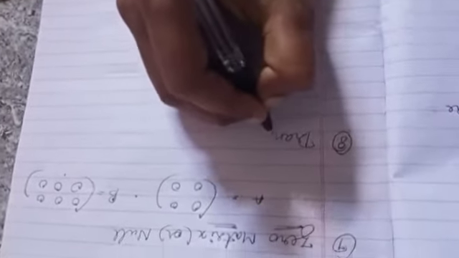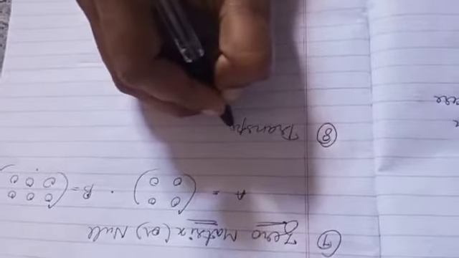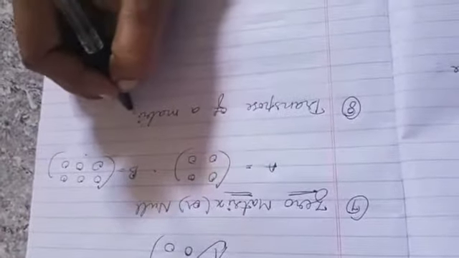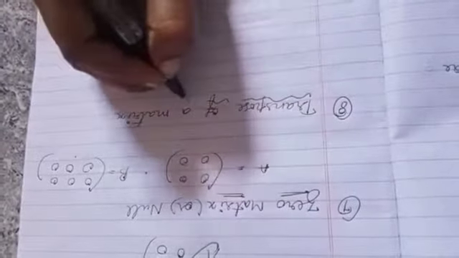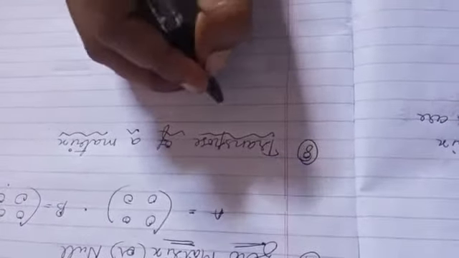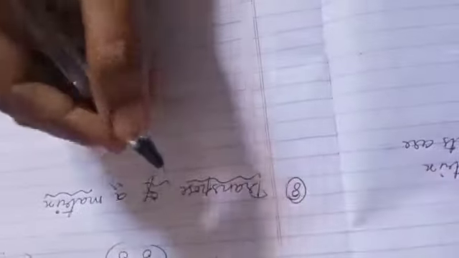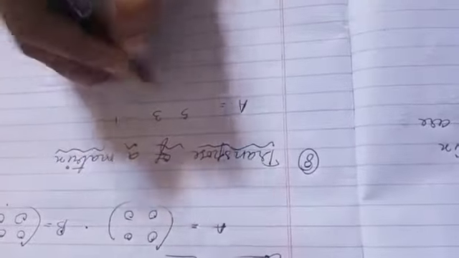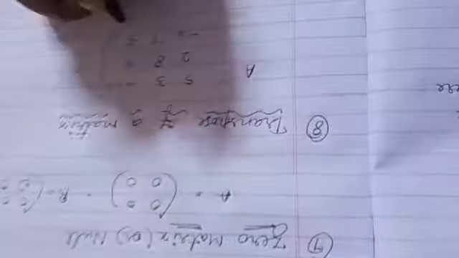Next, the 8th one, transpose of a matrix. The rows change into columns, and the columns change into rows. That is called the transpose of a matrix. For example, A is equal to 5, 3, minus 1, 2, 8, 9, minus 4, 7, 5.